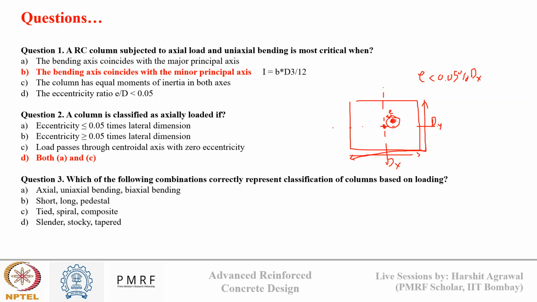We can assume that the load is acting at the center only, because this will generate a very small moment which we don't need to take into account. So a column is considered axially loaded if eccentricity is less than 0.05 times the dimension, or the load passes through the centroid with zero eccentricity. So both options will be correct. Got the point?